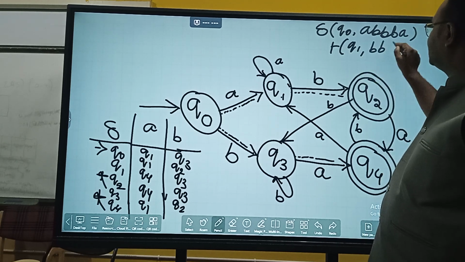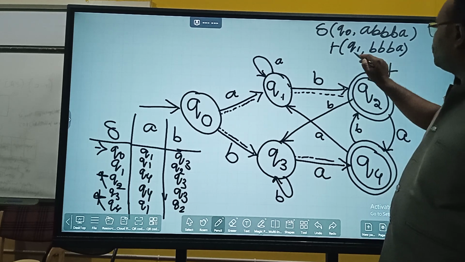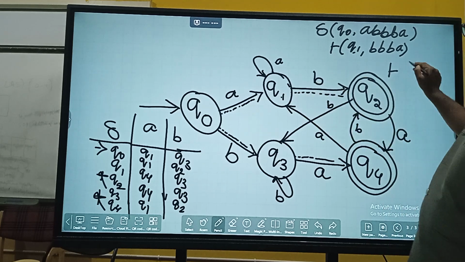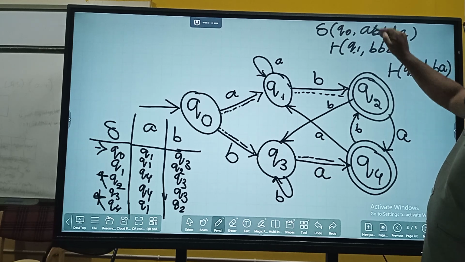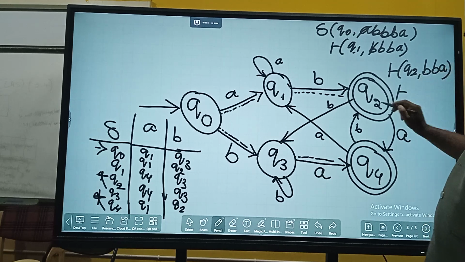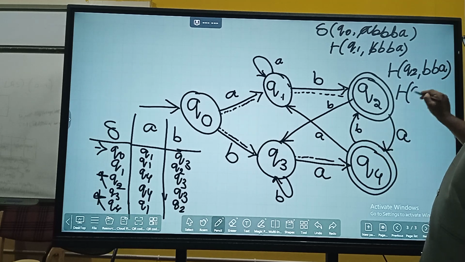Next strings I will write as it is, BBA. Right. Next what we have? Q1 on B. Q1 on B is going where? Q2. So I'll write Q2 and then I'll take the remaining two B's and A as it is. Next, Q2 on B. Q2 on B is going where? Q3. So I'll be going to Q3 with BA.